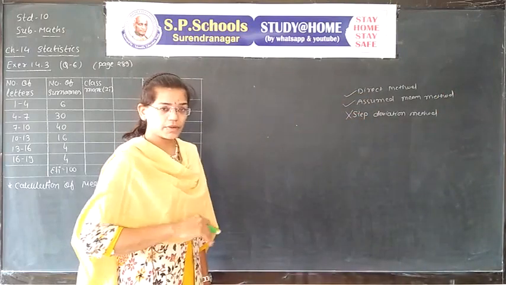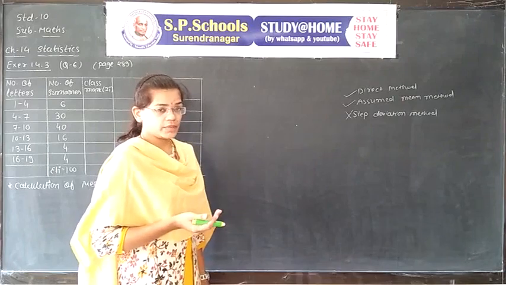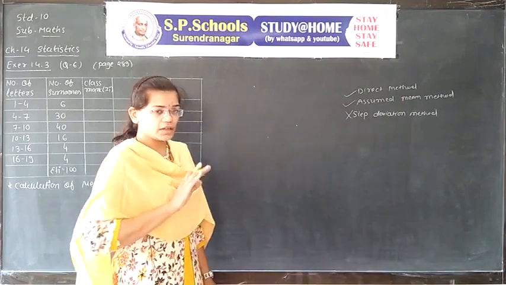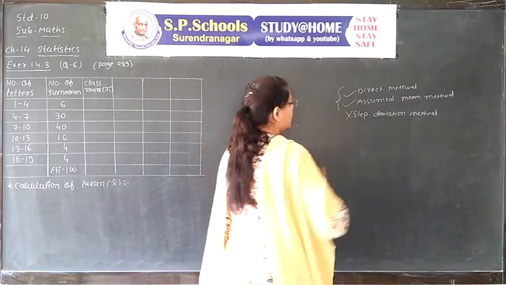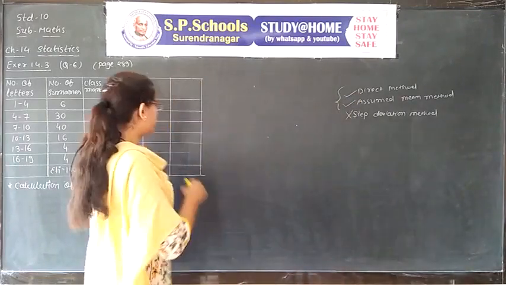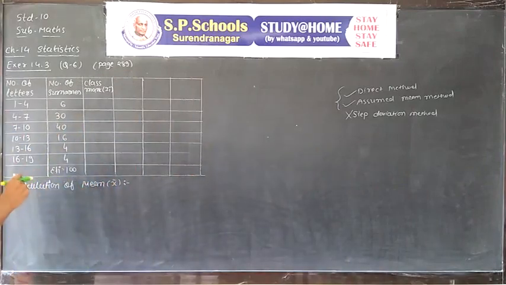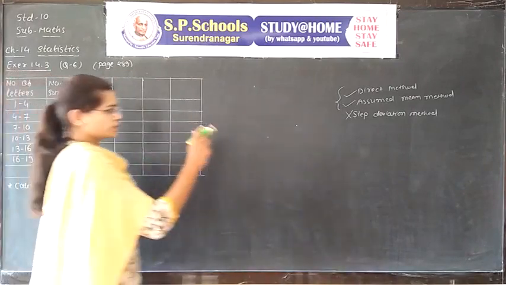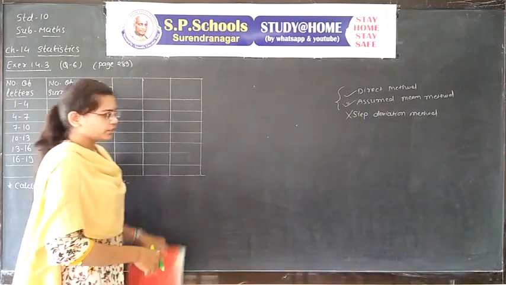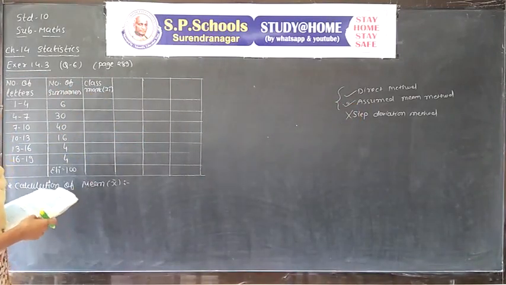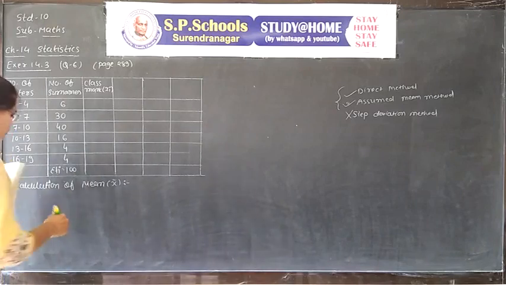Knowing how to find the mean using the step deviation method is just for our understanding, but two methods are in our syllabus, so in this sum we calculate the mean using the first or second, but the more convenient is the assumed mean method. For the assumed mean method we require a table.